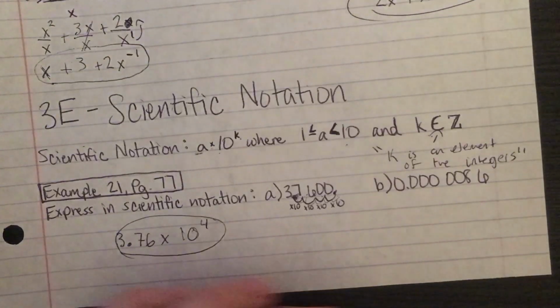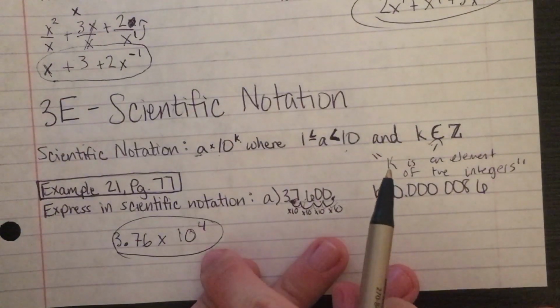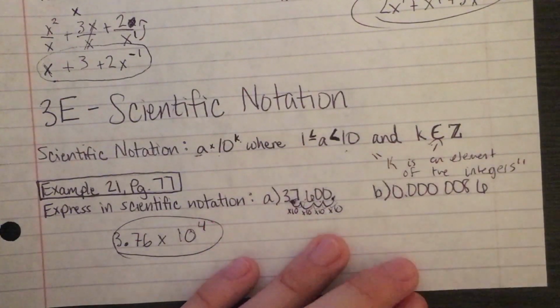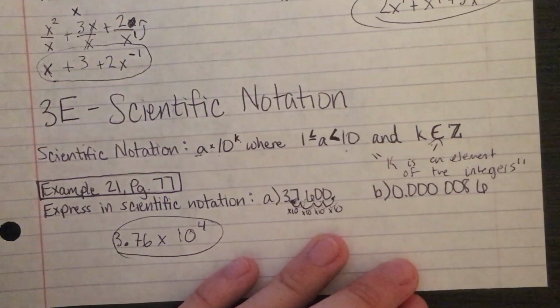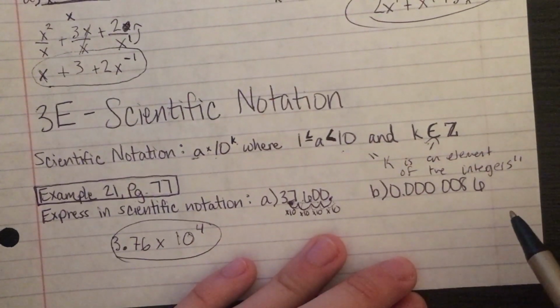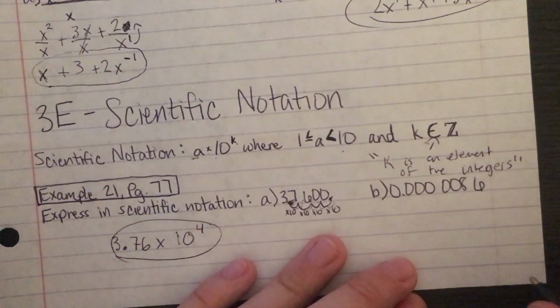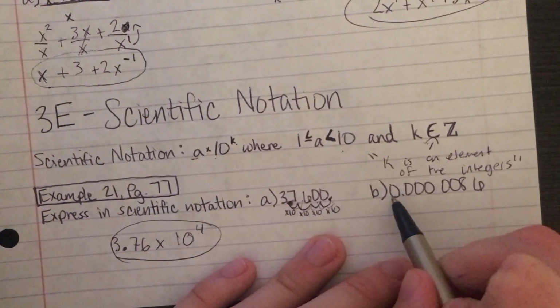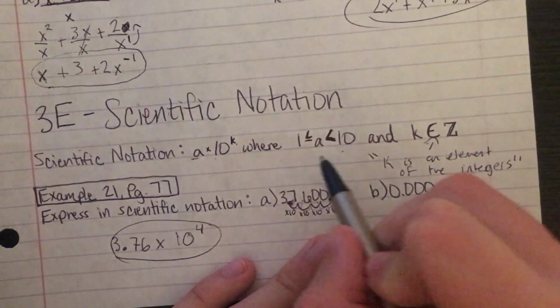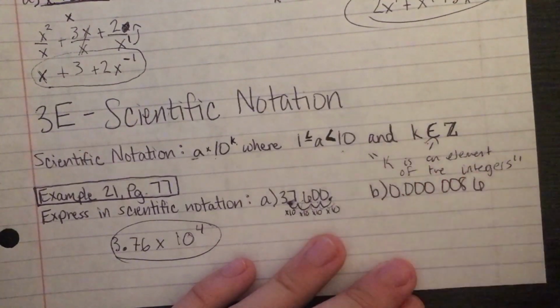Now, in the same way, for big numbers, where the exponent of 10 is going to be a positive number, when you've got a smaller decimal, when your number is between 0 and 1, what we're going to do is say, okay, I'm going to look to see where I could put this decimal point to get a number between 1 and 10.